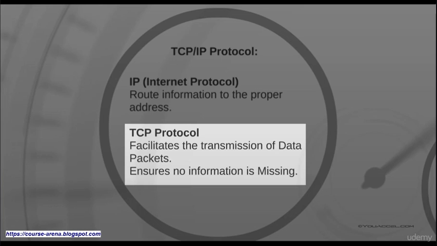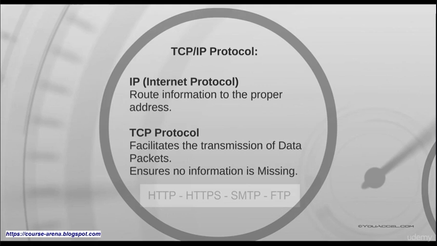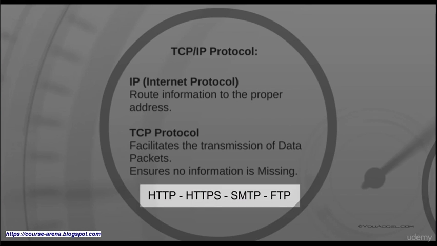The TCP protocol makes sure that transmitted data packets are received without any missing information. If it's determined that the data packet is missing data, TCP will request that the sender resends them. Some other protocols that we'll explore in this course include HTTP, HTTPS, SMTP, and FTP.